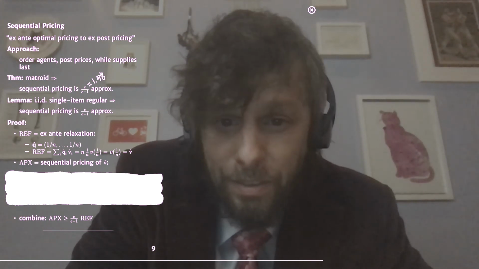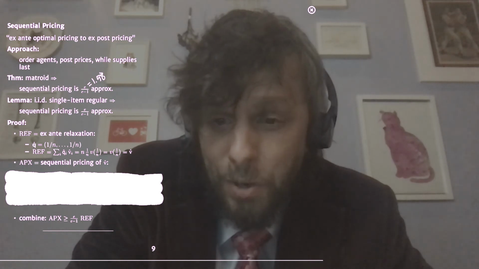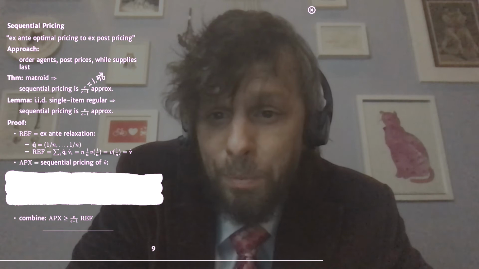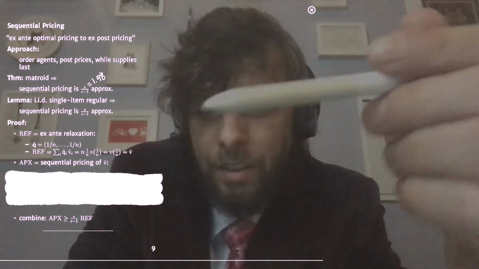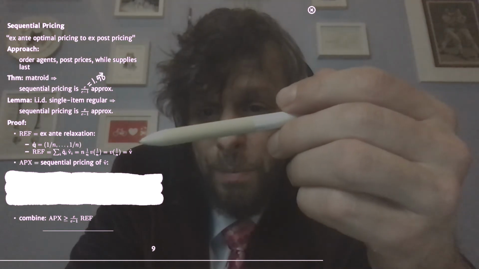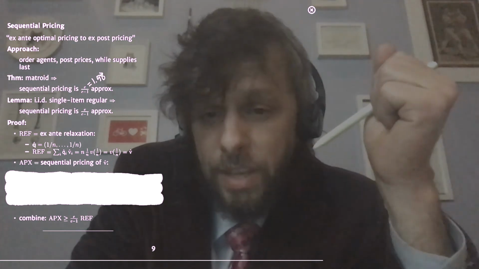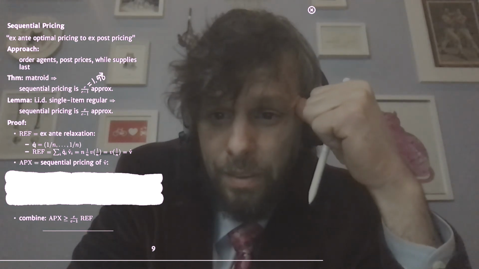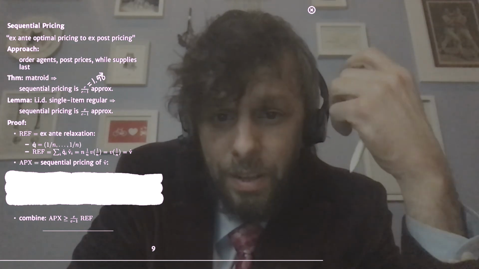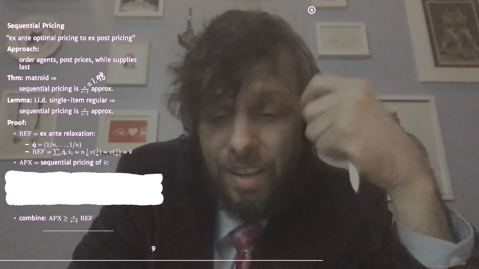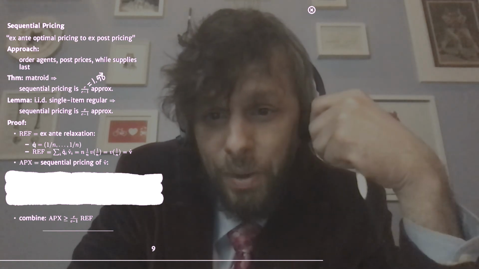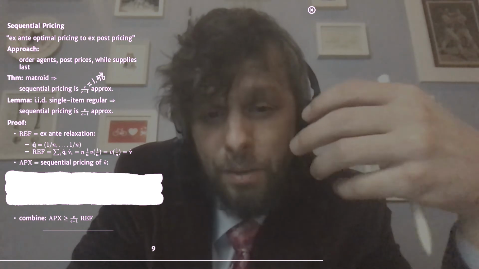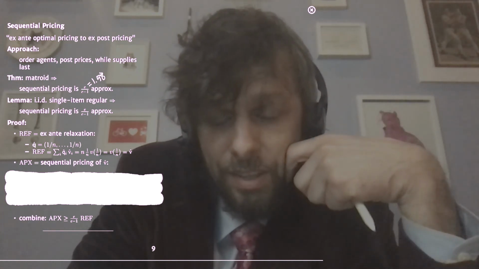The probability they accept is 1 over n, so n times 1 over n is going to be 1. And the price that we offer them is going to be v of 1 over n, which I'll call v hat. Great. So our ex-ante relaxation in this symmetric situation is getting revenue exactly v hat, the price that we're posting by the ex-ante relaxation.